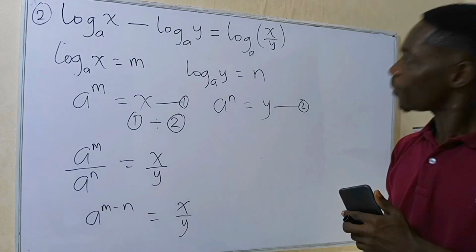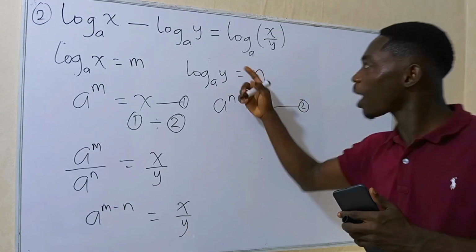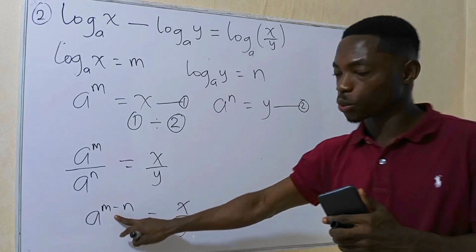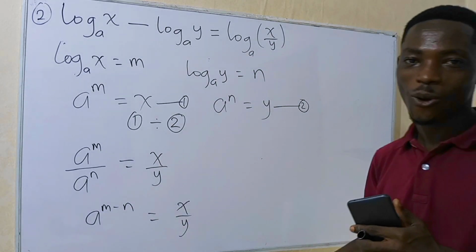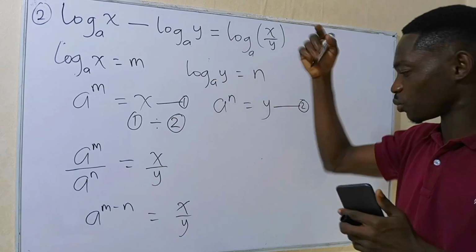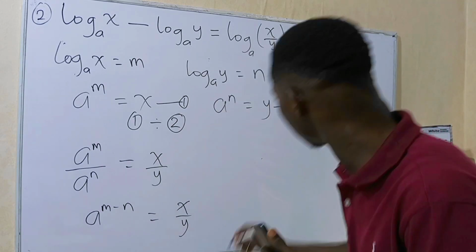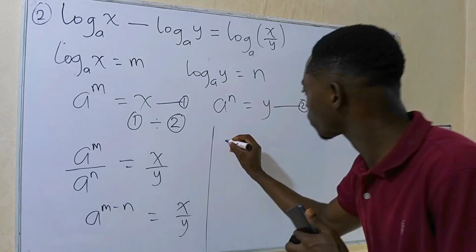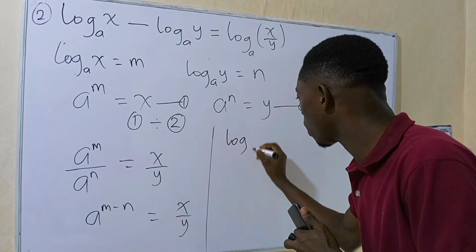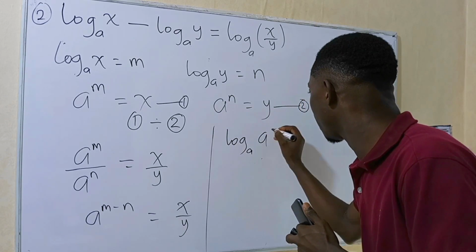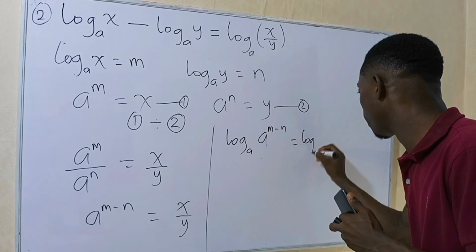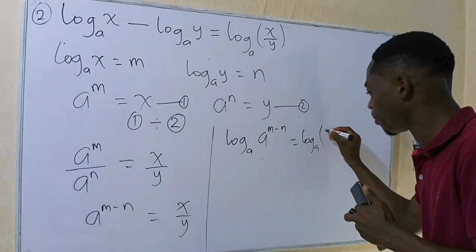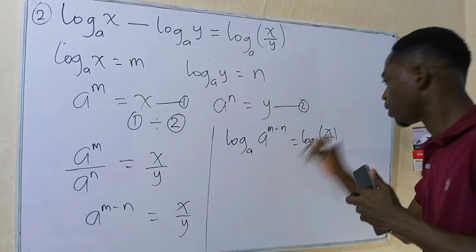Cool. Now, just as we did previously, we don't have powers here, but here is the case we have power. Let's go ahead and drop the power down by introducing log in base a, just as we did previously. And if we do that, we are going to have log base a of a to the power m minus n, and this is the same as log base a of x over y.